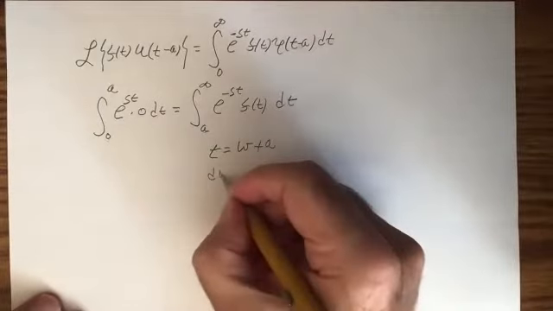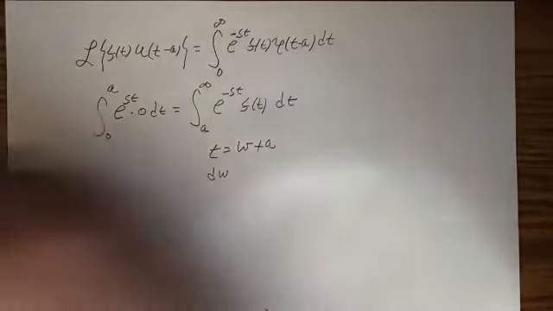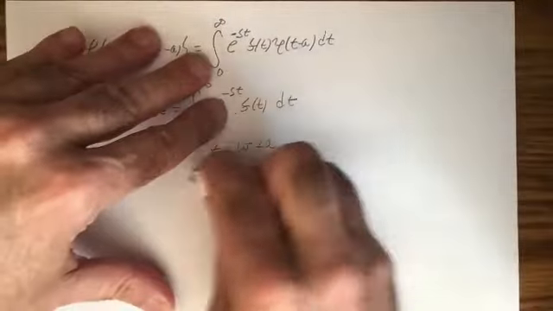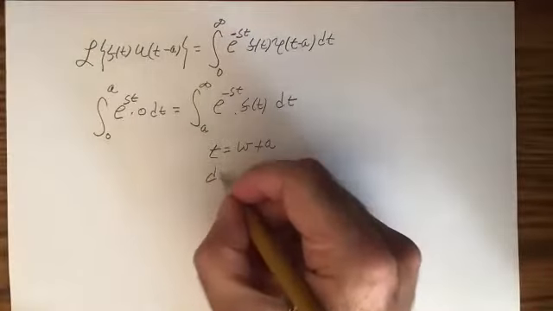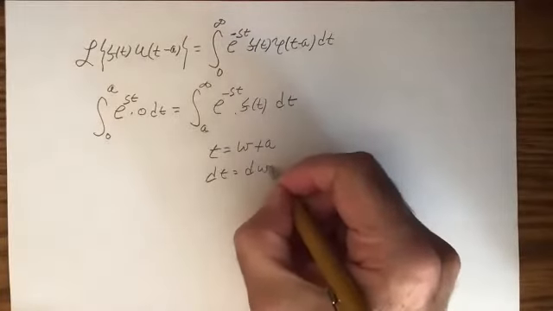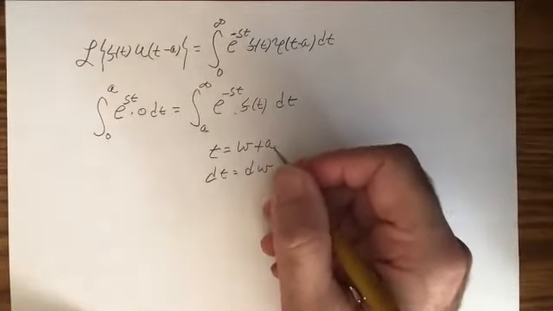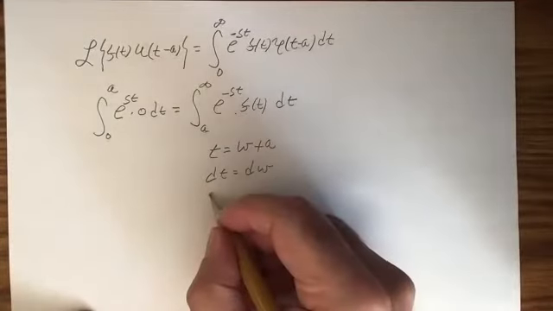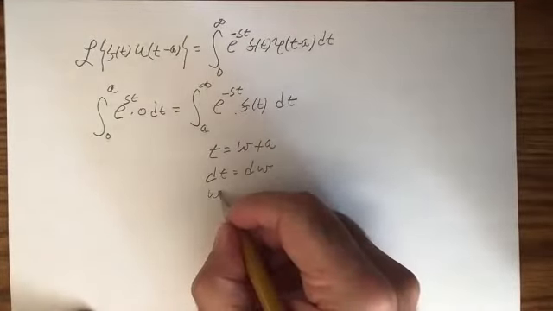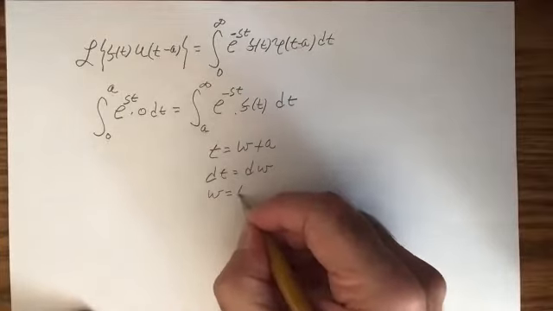So then dt is equal to dw. So when that's true, w is equal to t minus a.